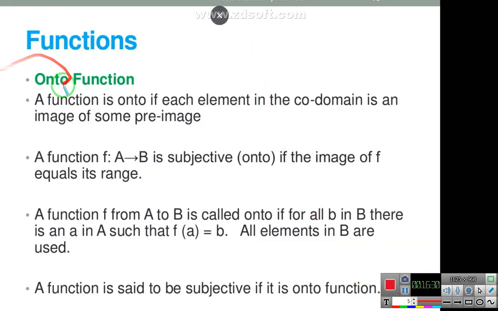So now coming to another type, the onto function. In the onto function, just keep in mind that each element in the codomain, it means each element in the range, is an image of a pre-image.